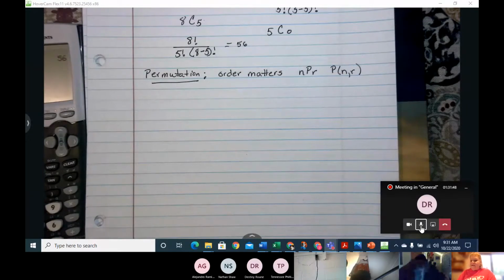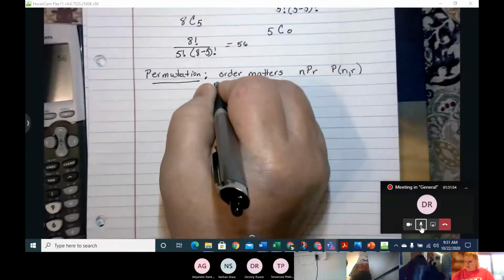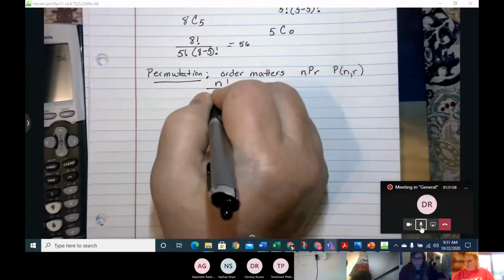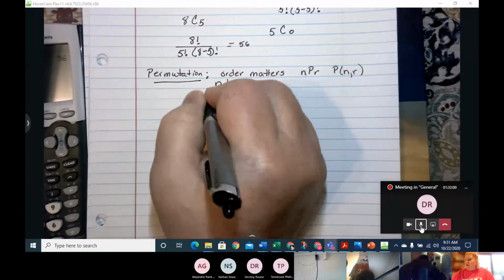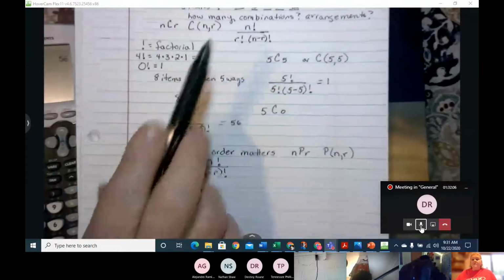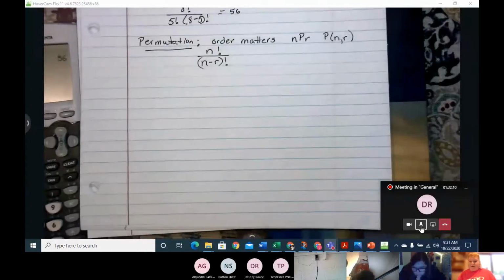The formula is a little bit different for a permutation. The formula for a permutation is n factorial over n minus r factorial. So it doesn't have that extra r factorial in the denominator when you calculate permutation.